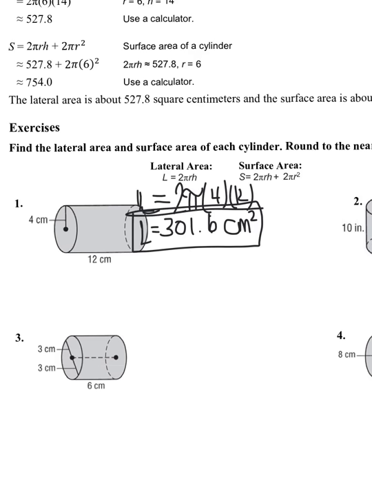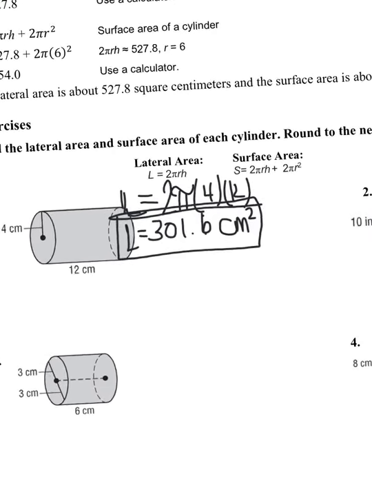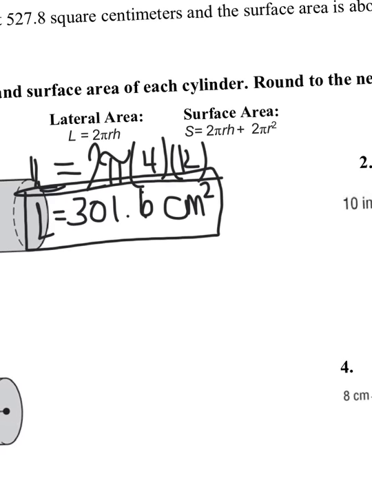Now total surface area, I'm going to take that number and all I'm going to do is add 2 bases. Now it's a circle, so it's 2 times the area of a circle. So again, I don't need to do anything on the side. I can plug them straight into that equation. Because of space reasons, I'm actually going to come below it.